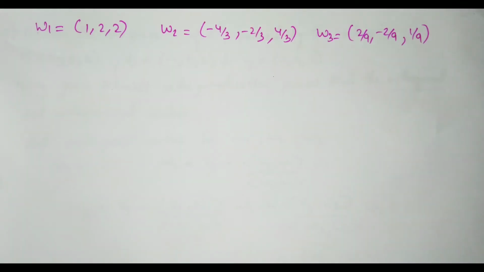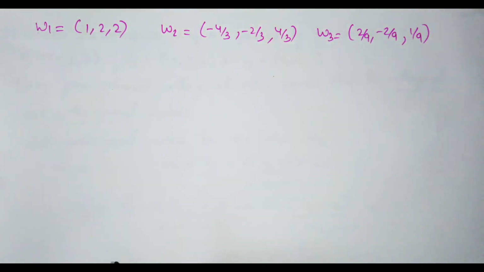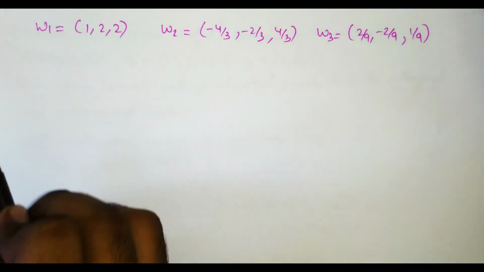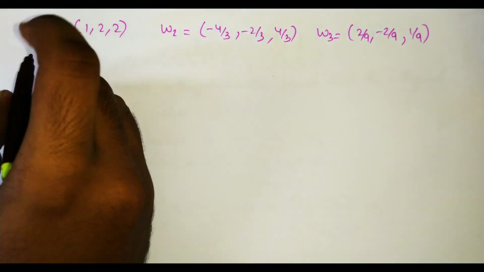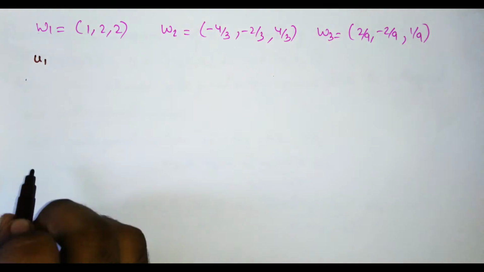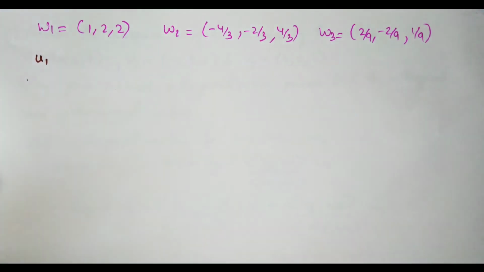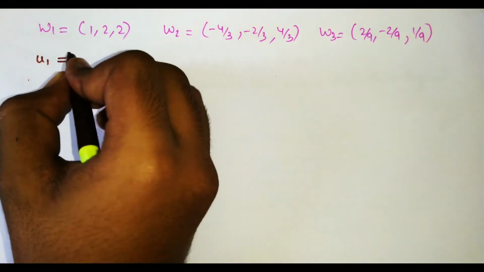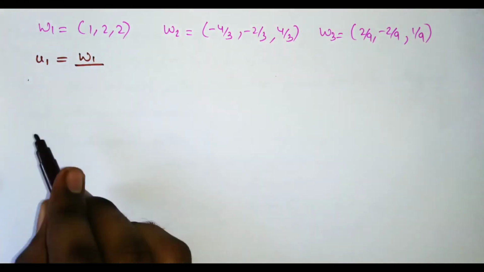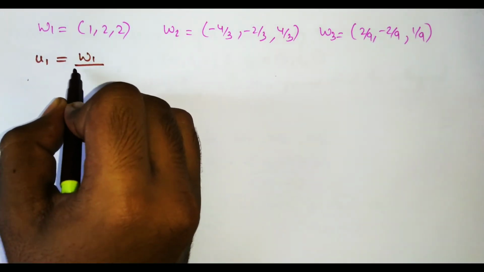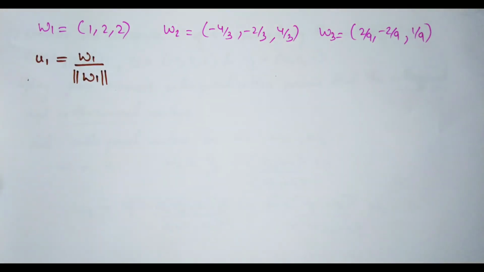Let us move on to find the orthonormal vectors. We have found the orthogonal vectors that are given over here. The formula is, let us consider u1, u2, u3 to be the orthonormal vectors, which is based on finding the unit vector itself. So the orthogonal vector w1 divided by the norm of that, or we can say the length of that.